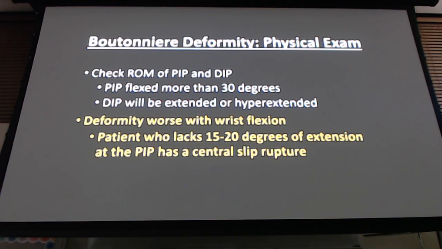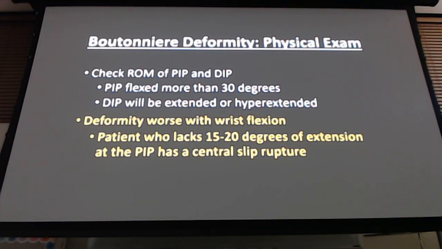So you want to check range of motion at the MCPs, the PIPs, and the DIPs, the thumb being the exception. Does the thumb have a DIP and a PIP? No, it just has an IP, correct? Good. Don't let that fool you. Don't get pimped on that. The deformity, as a rule, will worsen with flexion.